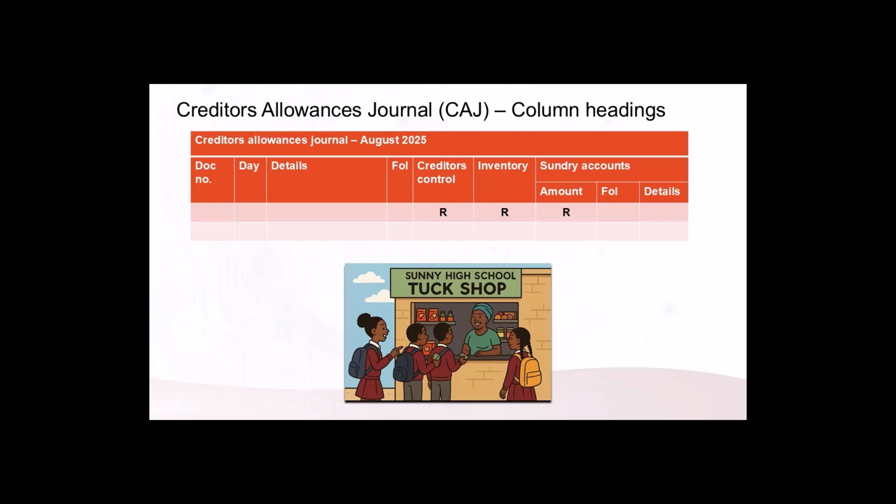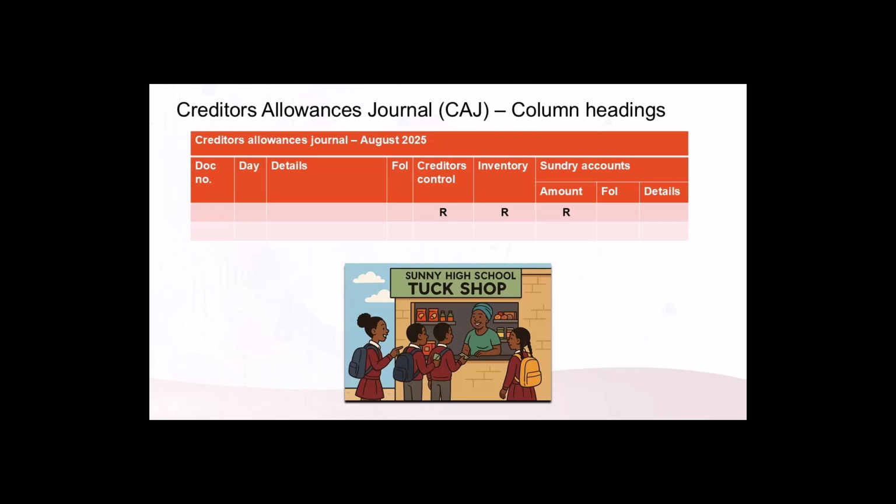An inventory column, where the value of the inventory returned or allowance given will be recorded. And if we are a registered VAT vendor, we will have a VAT input column. We will also have sundry accounts with an amount, folio number and details column.